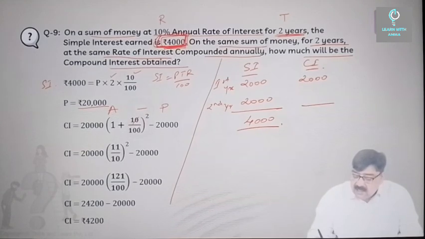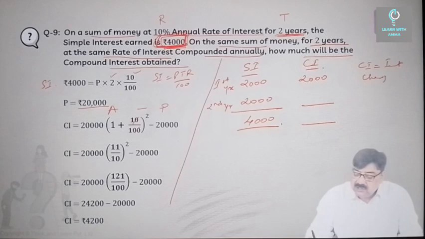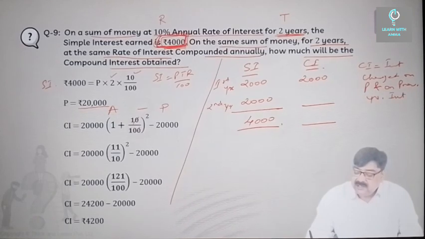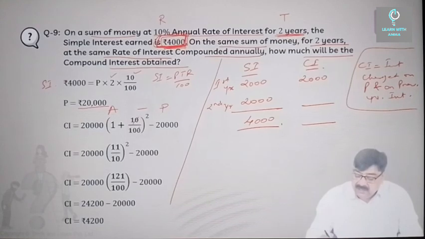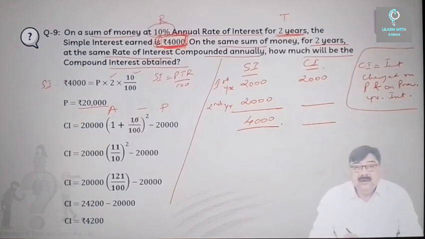Whereas compound interest, as we know, consists of 2 things. Compound interest is nothing but interest charged on principal and on previous year's interest. So as I had discussed, now, 2,000 is given to you. 10% is the annual rate of interest.